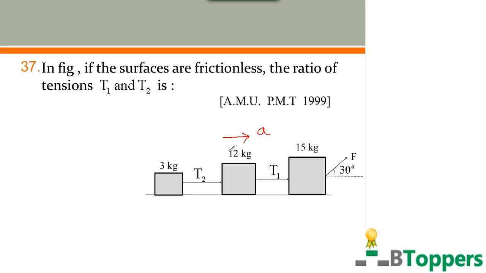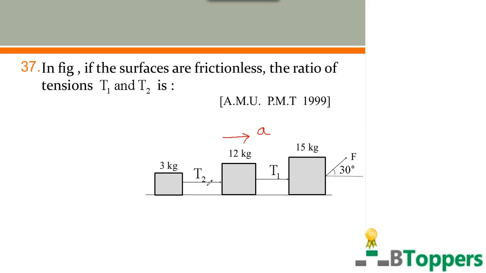So when you consider the two masses 3 kg, 12 kg and the string between the two masses as one system, then T2 will become an internal force which should not be considered for application of Newton's second law. When you consider two or more objects as one system, the force exerted by one object in the system on another object in the same system is called the internal force.